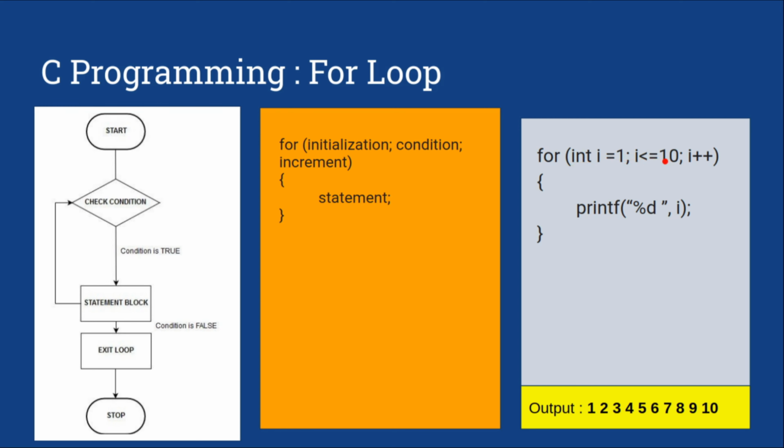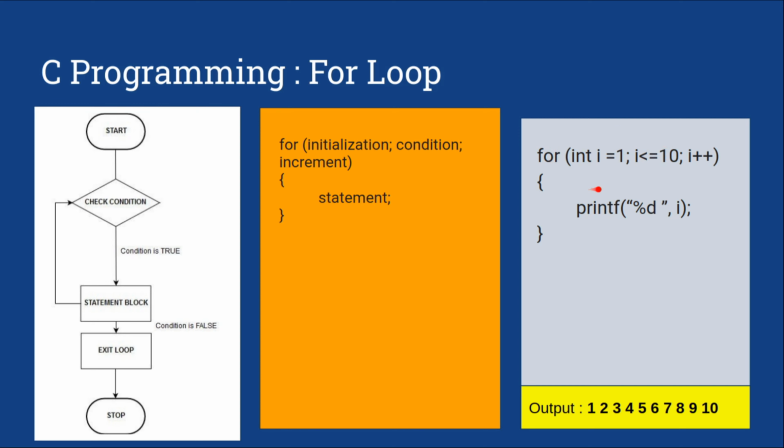Then the control will go to this line and we will print 1 here. The condition was true, so it will go back to this place and increment the value, then the condition is checked again. Now the value will be 2. 2 is less than 10, yes.